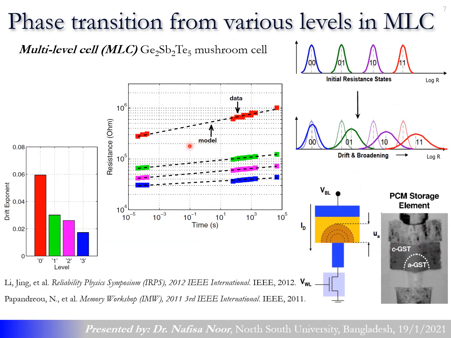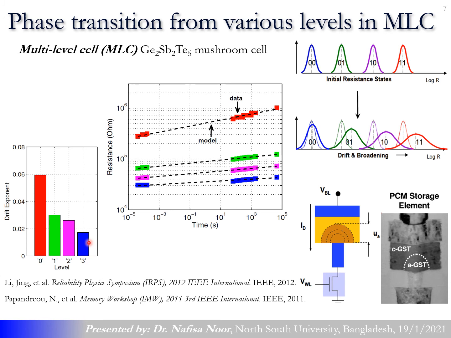Now again we are bringing back the drift exponent. The drift exponent can be slightly lower for the intermediate states, and if we consider the intermediate states, we would see that the higher resistance intermediate states would have larger drift exponents, and the lower resistance intermediate states would have lower drift exponents.